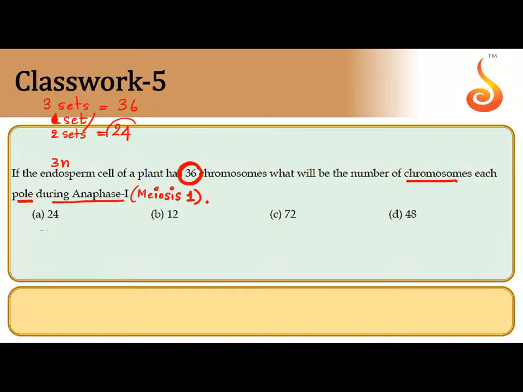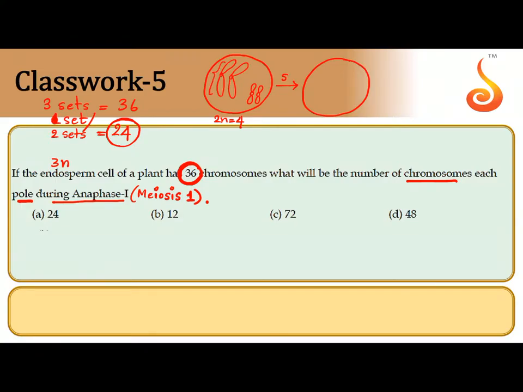Correct? Now imagine that this diploid cell is undergoing meiosis. To give you the example, let me take a small cell with only 4 chromosomes in it: 2 longer chromosomes and 2 smaller chromosomes. So 2n is equal to 4. Now during S phase the chromatids get duplicated.